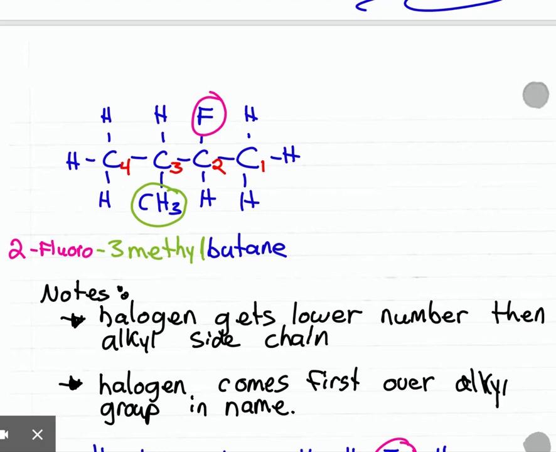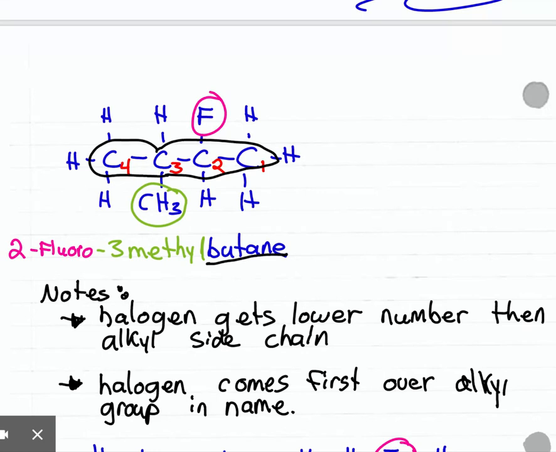Okay. So if you look at this example, we have 4 carbons, so we know that this is butane. But we can either number it starting from this carbon being carbon number 1, so 1, 2, 3, 4, or it could have been 1, 2, 3, 4.